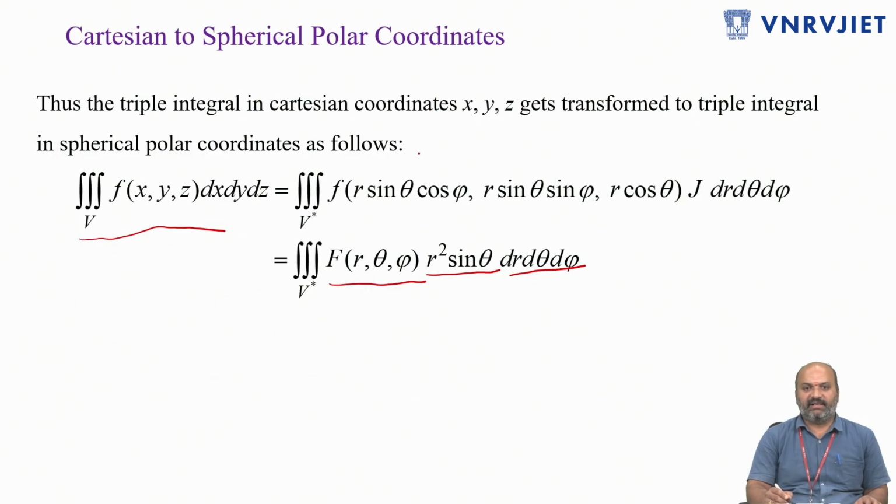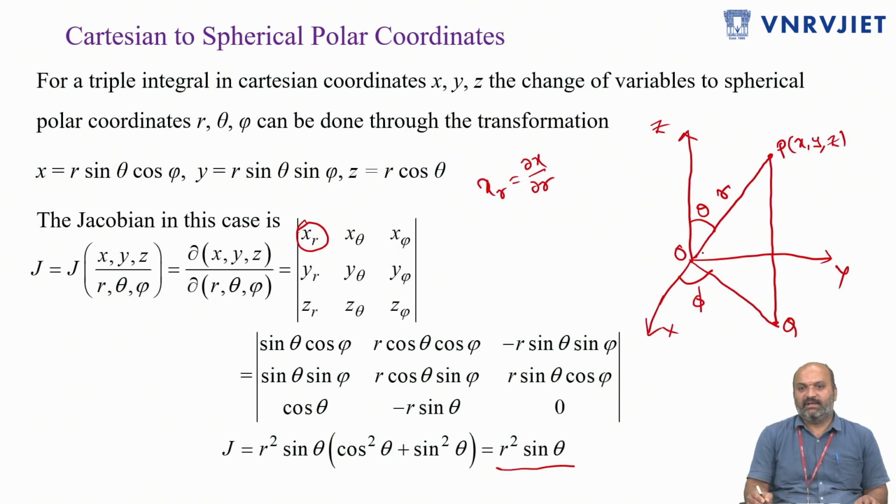See, in spherical polar coordinates, the limits are: r varies from 0 to the radius of the sphere. Next theta, which is the angle, varies from 0 to pi.